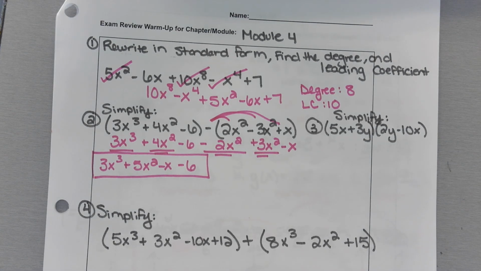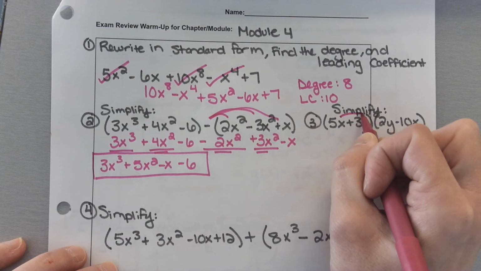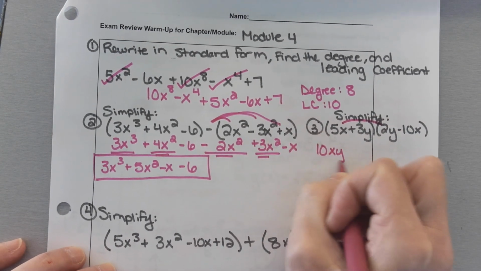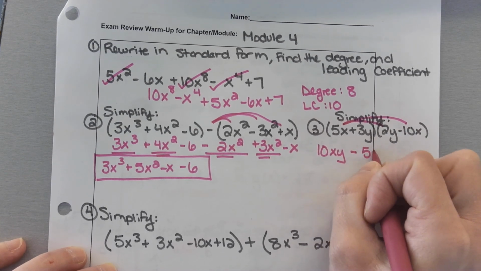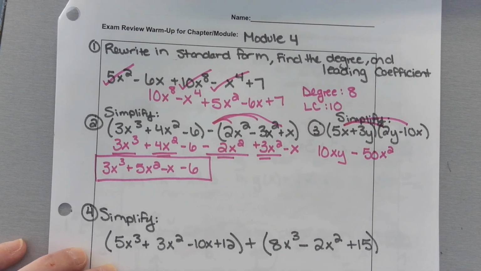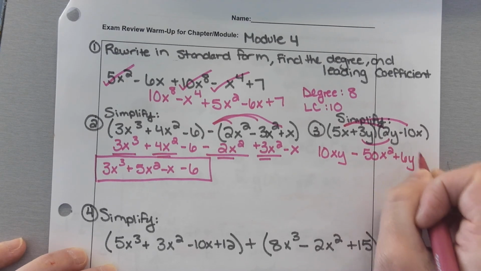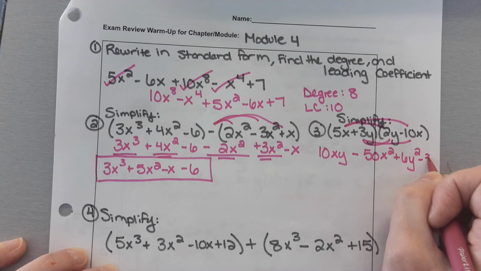Simplifying. So this one I need to FOIL. I need to multiply into the parentheses and be careful because there are 2 different variables going on. So I get 10xy minus 50x squared plus 6y squared minus 30xy.